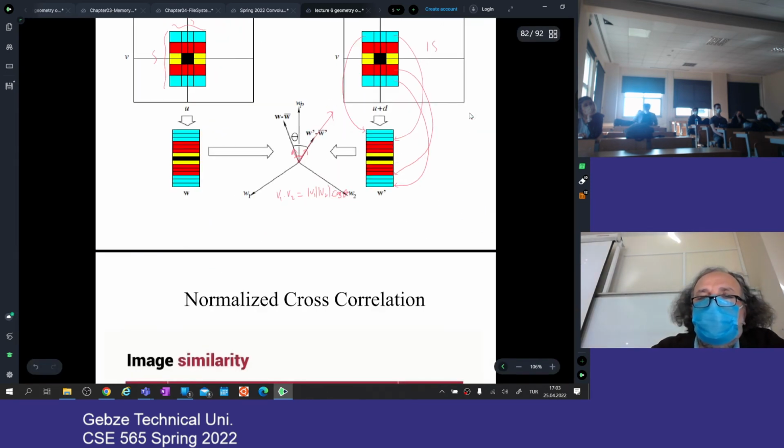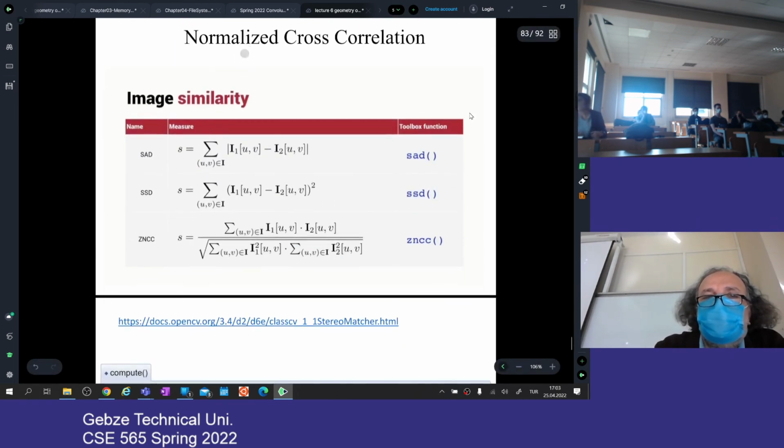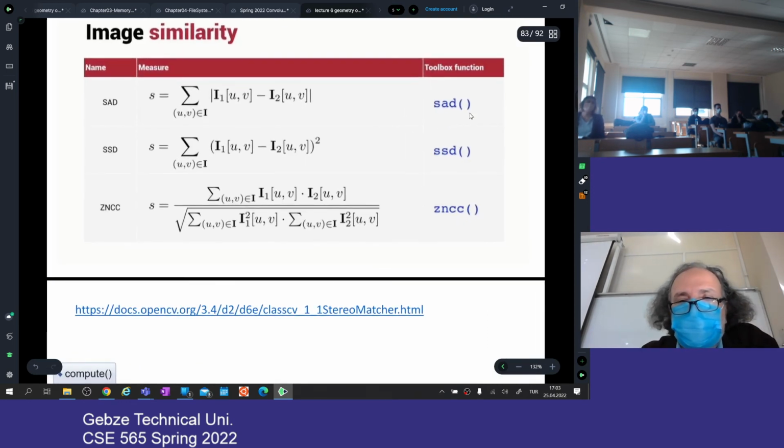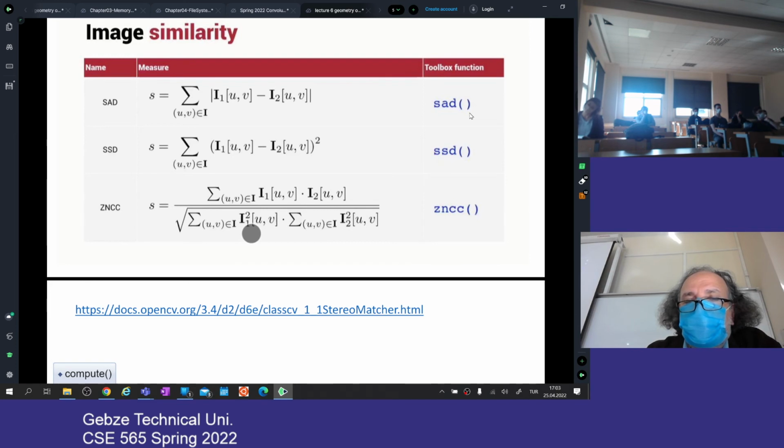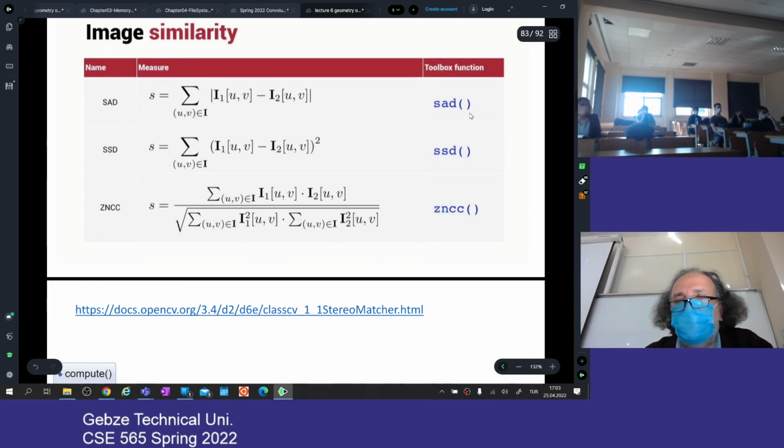So the formula is this: take these two vectors and try to measure the normalized angle between them. That's called normalized cross correlation. This is the formula, okay? It says multiply each one, so this is the cross correlation, one by one, but normalize it with this value, the square root of the sum of squares of each element on the left window and the right window.